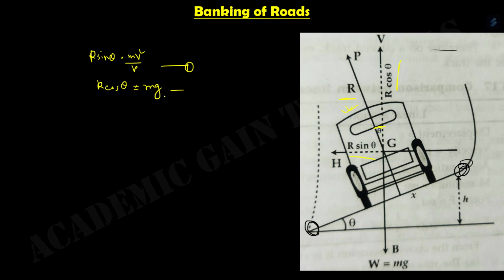We derived in our previous slide the equation of banking: tan theta equals v square by r g.